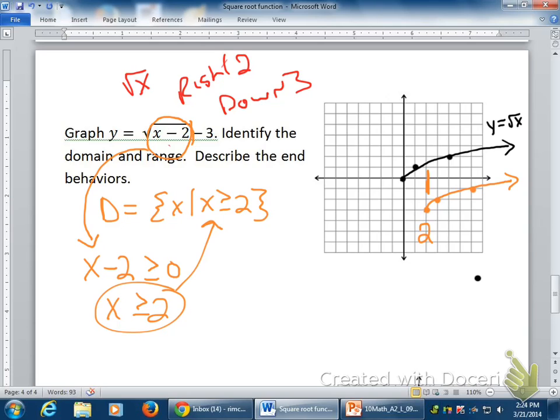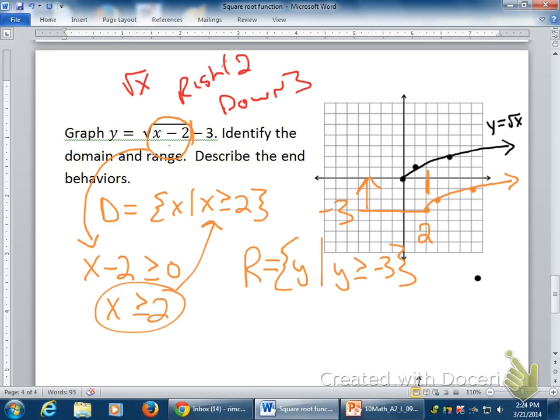Now talk about range. Range is going to be what kind of y values you get after you know your domain. So just looking at the graph, what kind of y's do I get? Greater than negative... Okay, negative 3 was the lowest, right? Right here was negative 3, and it's everything above that. So my y's, such that y is greater than or equal to negative 3.